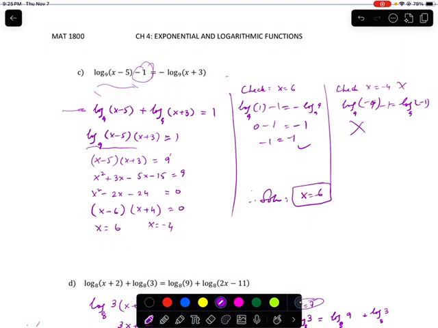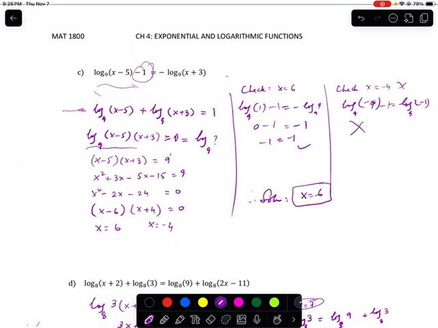So the next step is to convert it to exponential form. Now some students do this, which is correct, by the way: they will write the number over here as a log of the same base which we have here. So this number is 1. If the base is 9, what should come here?